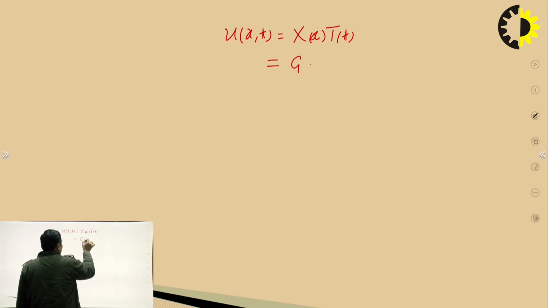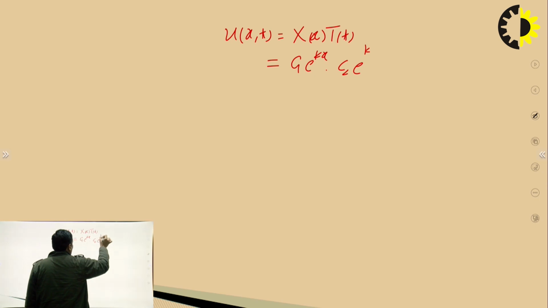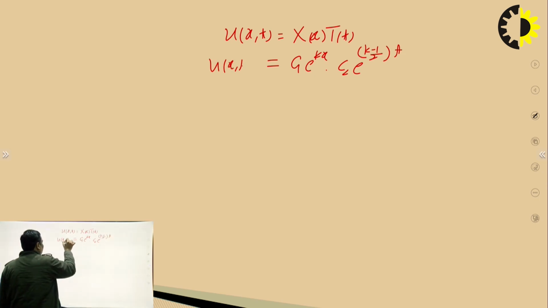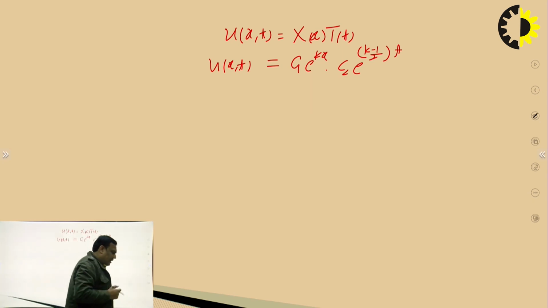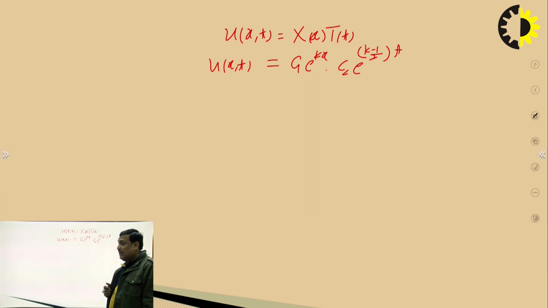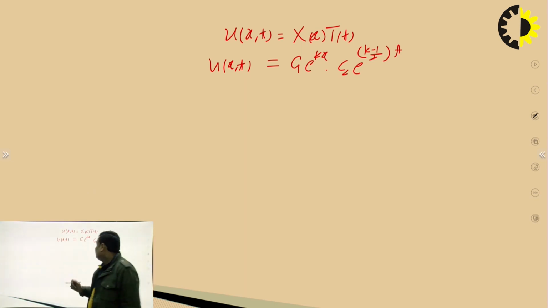X equal to C1 e to power kx, T equal to C2 e to power k minus 1 by 2 t, and u of x,t. As we know that the equation is of order first, only first order, that's why the constant should also be one. But here we see constants are 2, C1 and C2.